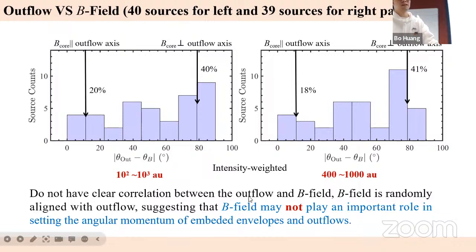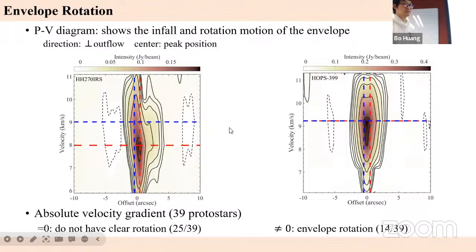So we could say we do not find any clear correlation between the outflow and the B field, suggesting that the magnetic field may not play an important role in setting the angular momentum of embedded envelopes and outflows. So for the angular momentum, to obtain this information, we use the PV diagram.